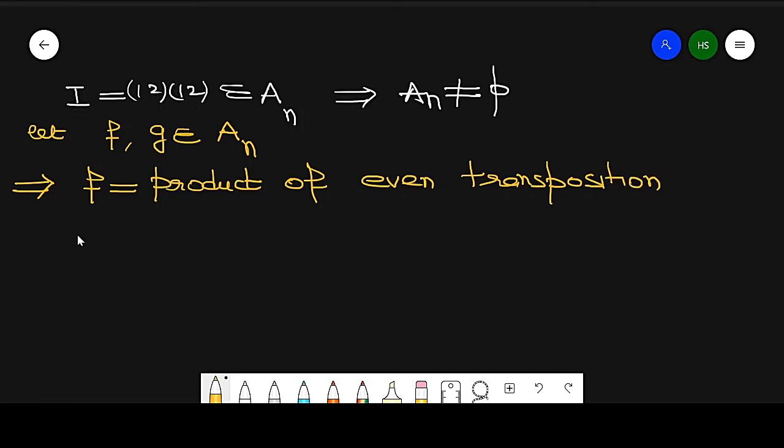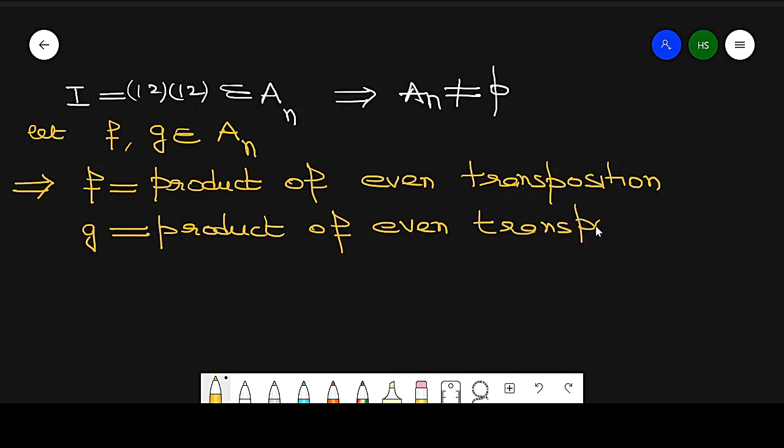And what is g? So g is again a product of even transpositions.